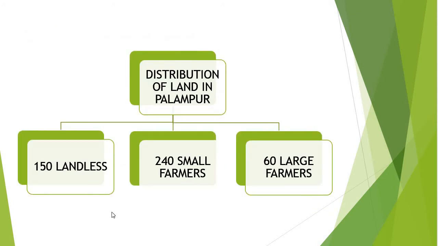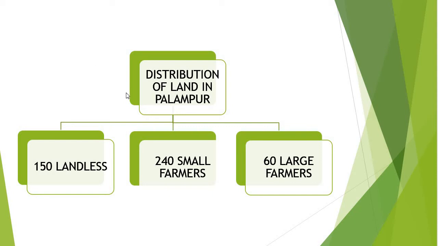Now the next topic was distribution of land in Palampur. Now Palampur represents India. So over here they are trying to show just the way there is an unequal distribution of land in Palampur. Similarly, there is an unequal distribution of land in India.